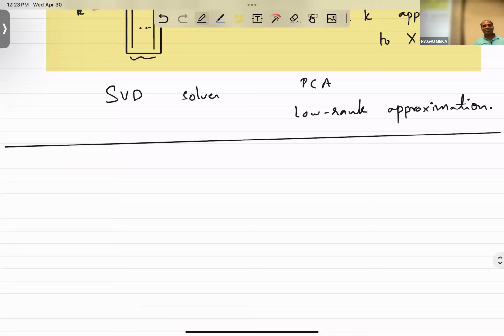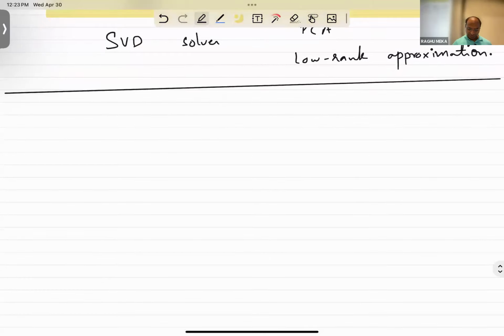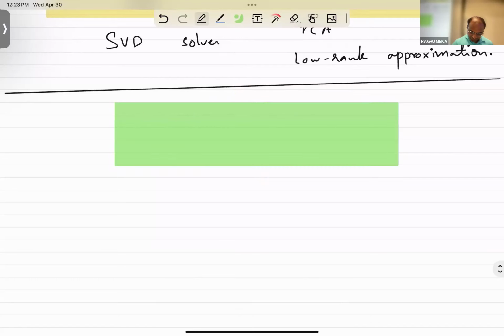Now the question is, okay, so far it almost seems like we are just redirecting our question from one question to the other without coming up with new algorithms, right? So now we're actually going to get a new algorithm and solve the problem. Okay. So how to compute SVD.